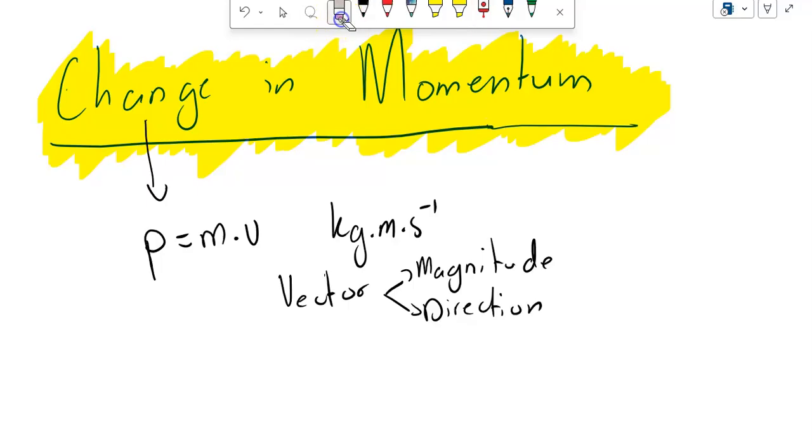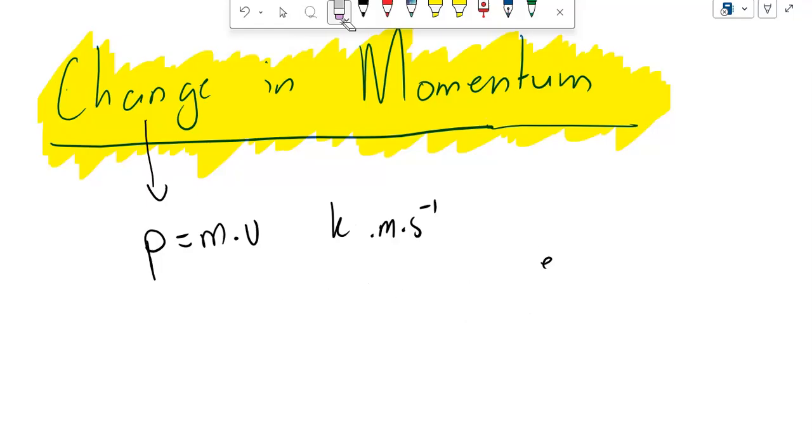Alright. Now, let's look at the new concept, which is change in momentum. When the word change comes into your mind, what you should think of is what you have in the final minus what you have in the initial.